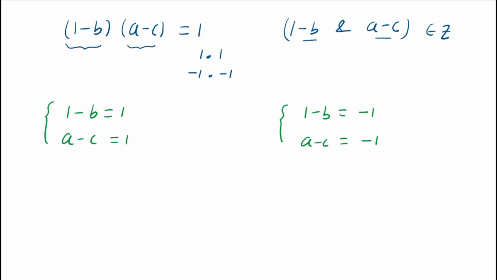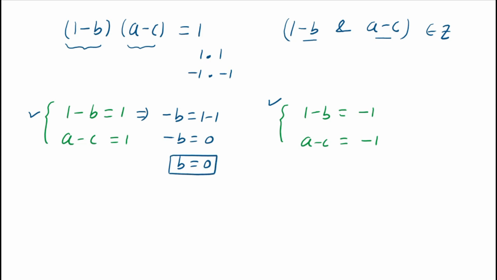Now first we will solve this case and then this case. Here 1 minus b equals 1, then minus b equals 1 minus 1, minus b equals 0. It means the value of b is 0.